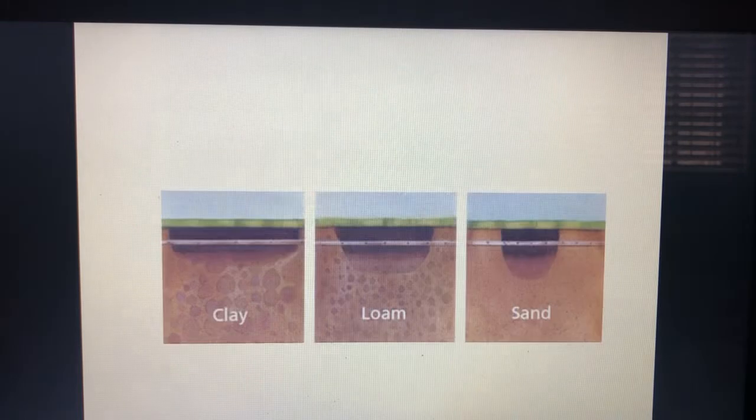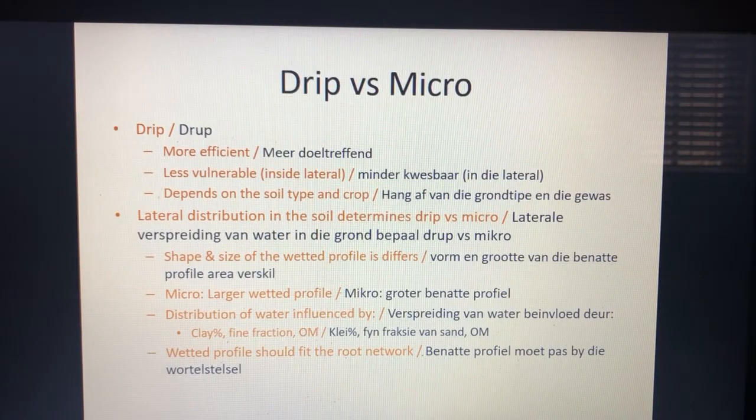If you look at a picture like this, you'll see a clay soil versus a sandy soil. In the clay soil, the water moves in a lateral direction more than with a sandy type of soil. That's because the clay is less permeable, so it takes longer for the water to move downwards, and then due to the capillary forces, the water actually ends up moving a lot more in a lateral direction than it does in a sand soil.